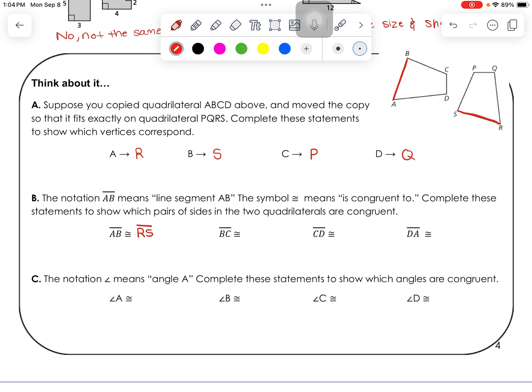BC, we can see BC matches with SP. The smaller side there, CD, matches with PQ. And then that last one, DA, matches with QR.